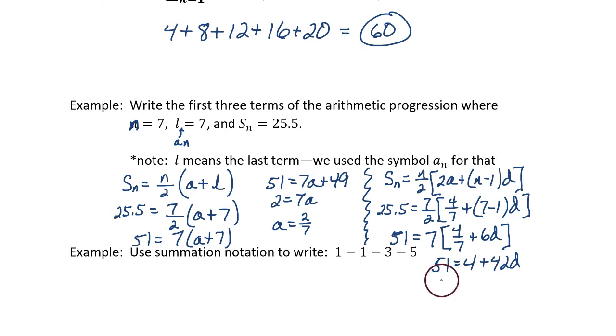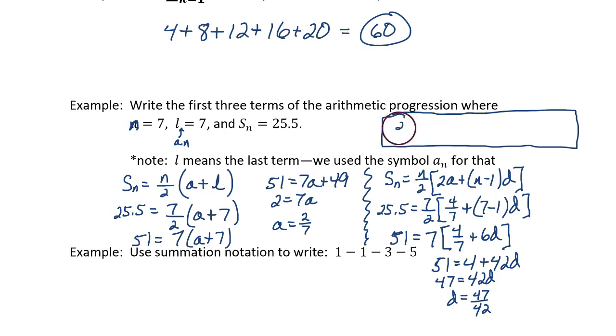Subtract 4 from both sides. 47 equals 42d. And divide by 42. We get 47 over 42. We know the first term is 2/7, and we know the common difference that we can add to get the next term. Let's put the answer right up here.